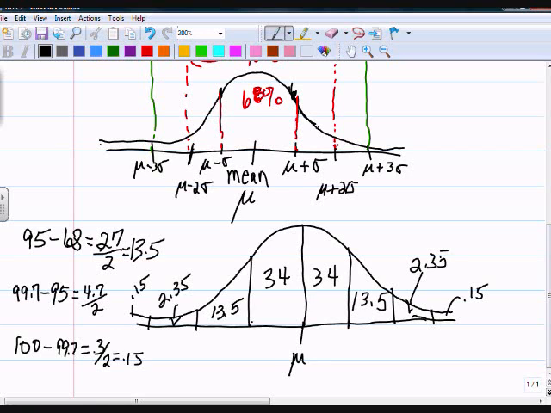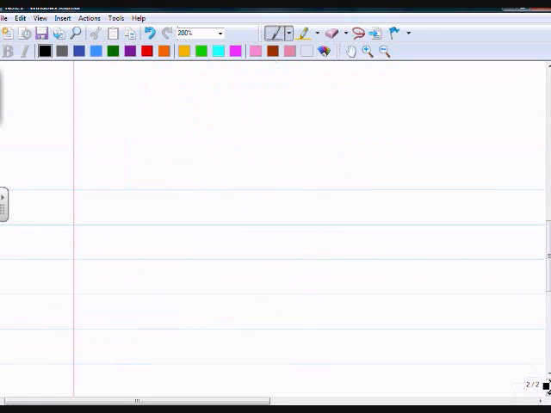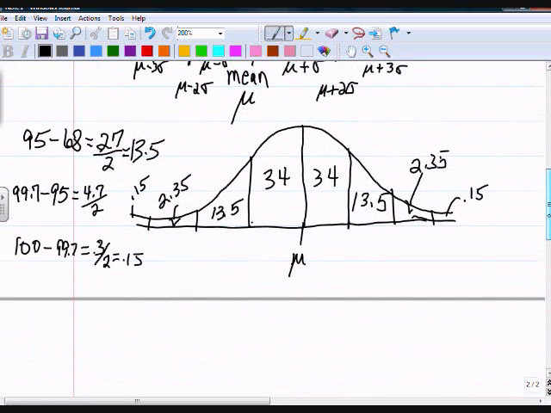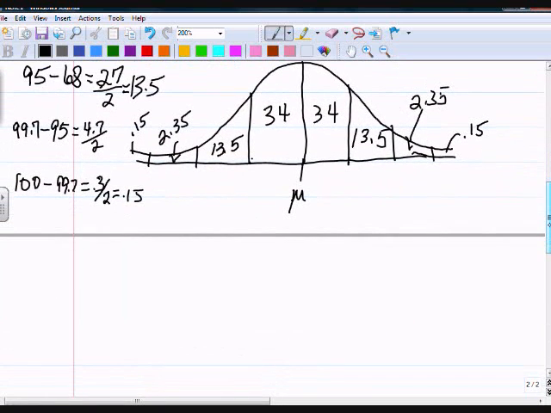I think it's important to have that diagram down when you're doing some things. Okay, I will bring it back up. There we go. All right, so now let's see where we're going to use this. So I'm going to say that women's heights are normally distributed.